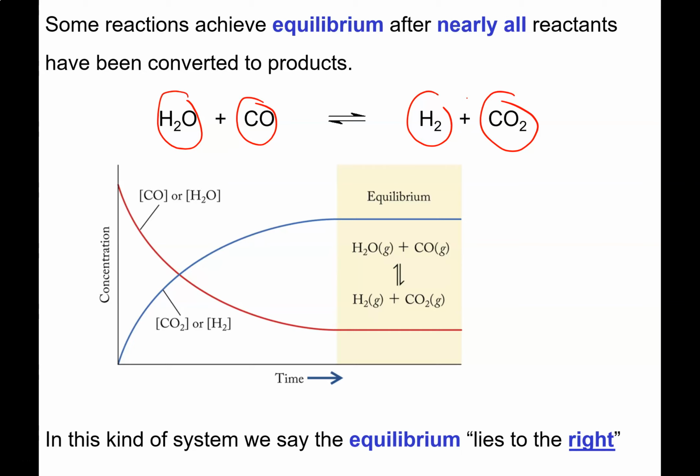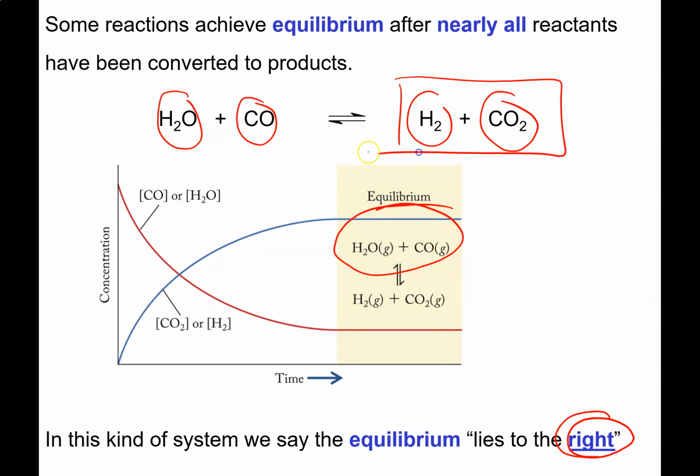And this reaction, once it comes to equilibrium, we have mostly products. So for reactions where we end up with an equilibrium state with mostly products, we say that the system lies to the right. Sometimes we also say it favors products because at equilibrium we have much more products than reactants.